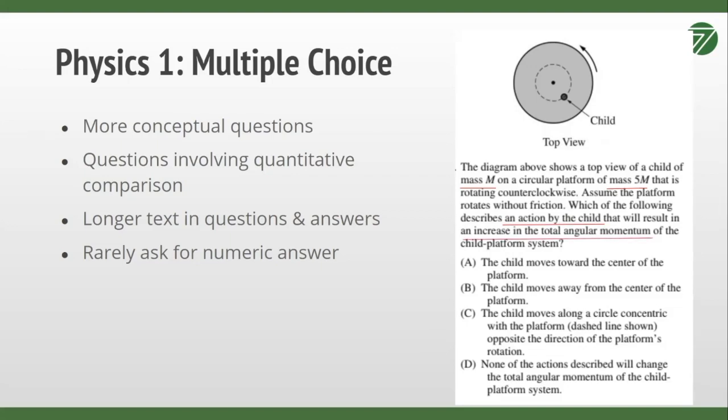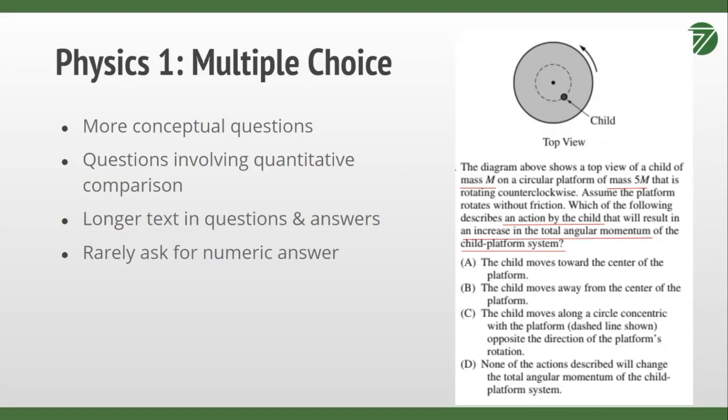And then it says that will result in an increase in the total angular momentum of the child platform system. So the child platform system includes the child and the platform, and that makes a big difference in how we answer the problem. If we're talking about increasing the child's angular momentum, increasing the platform's angular momentum, or increasing the angular momentum of both the child and the platform.